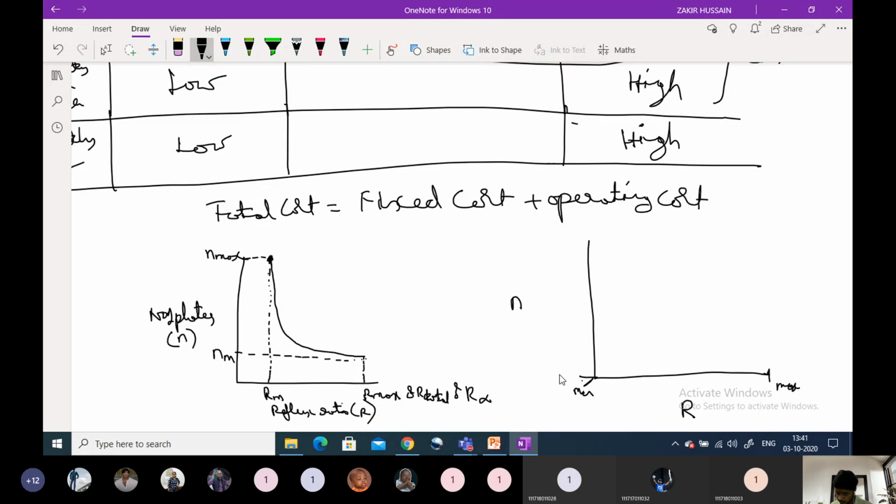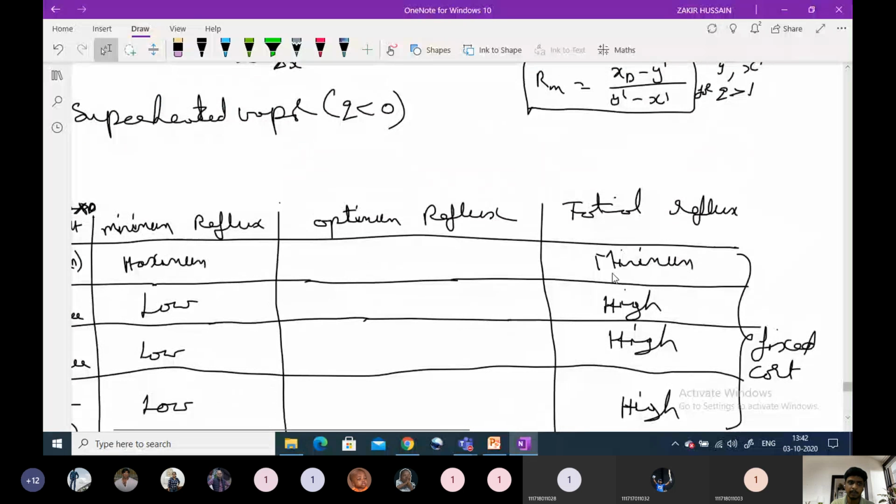So the minimum number of plates will come here, and the maximum number of plates will come here. In the graph, this is increasing for the x-axis and this is increasing for the y-axis. If you consider this as the minimum reflux ratio, at minimum reflux ratio the number of plates is maximum. At minimum reflux ratio, the total number of plates required will be maximum.